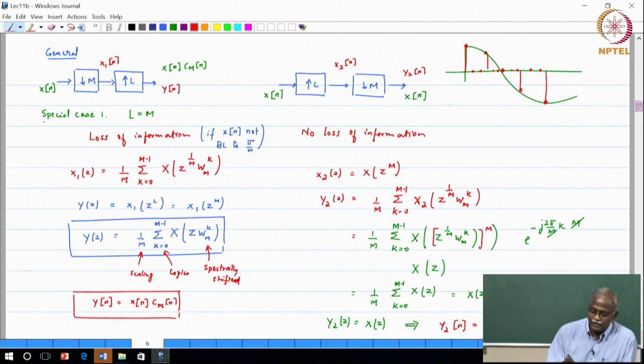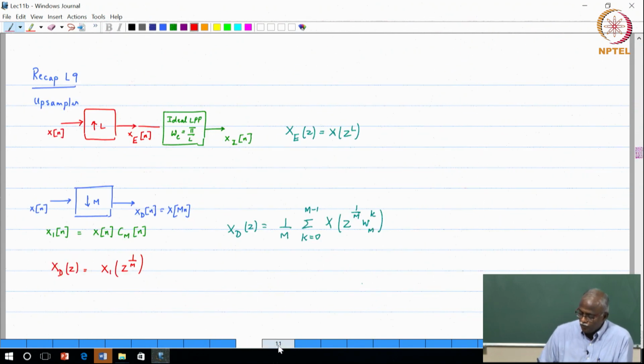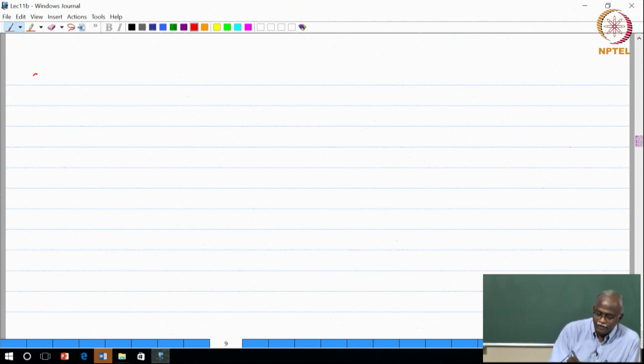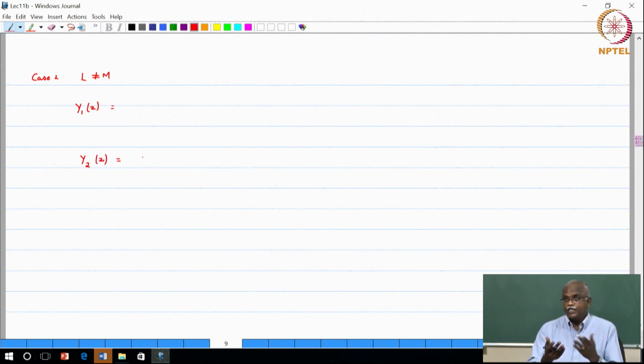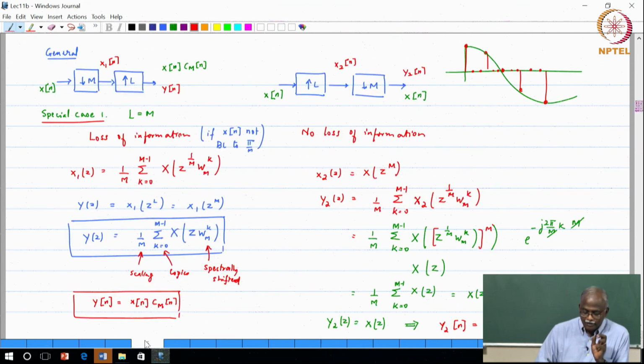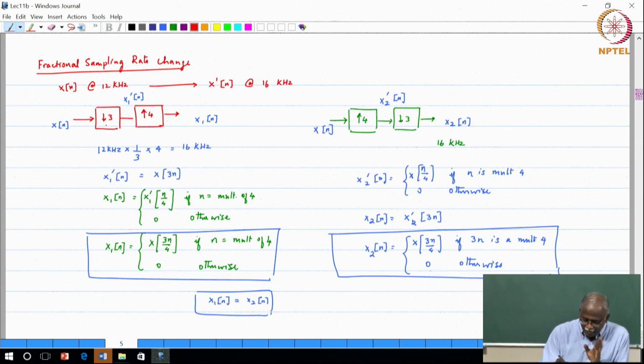Special case 1 was L equal to M. So, now what I would like you to do is go back to that particular example and look at case 2 where L not equal to M. Now, just like we did last time, please get the expression for y1 of z, get the expression for y2 of z, and obviously they will not be the same in general, but there will be special cases where they will be the same, and that special case must be satisfied by this M equal to 3 and L equal to 4.